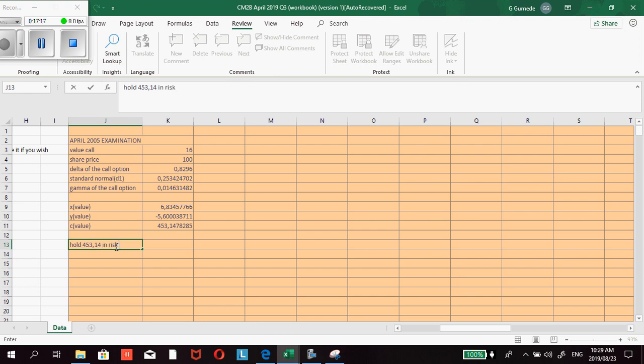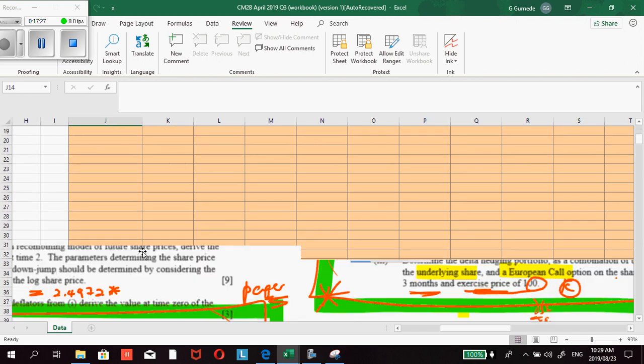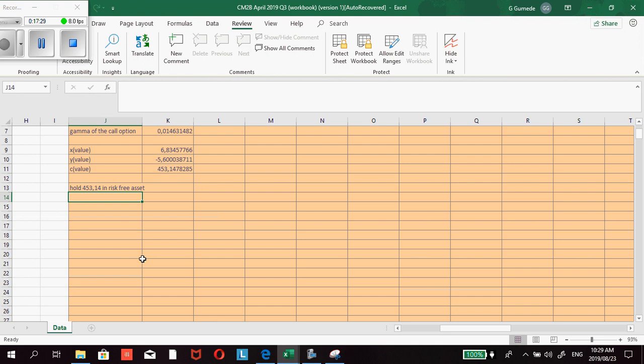So I'm going to hold 453.14 in the risk-free asset, and because I've got a negative value for Y, which is the underlying share, I'm going to sell 5.600 of the underlying asset.